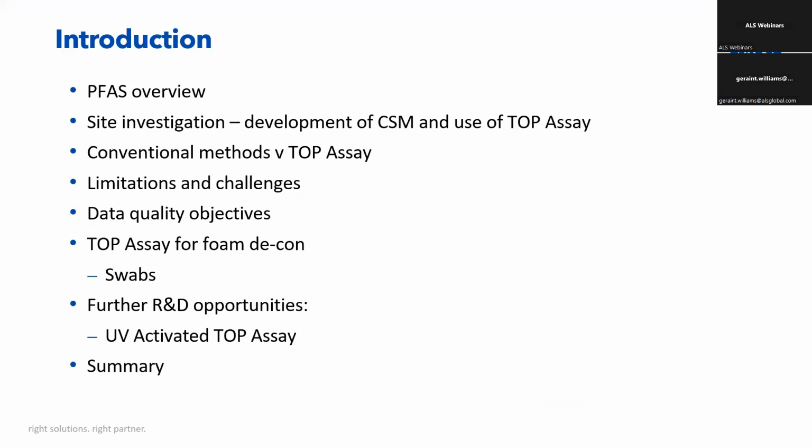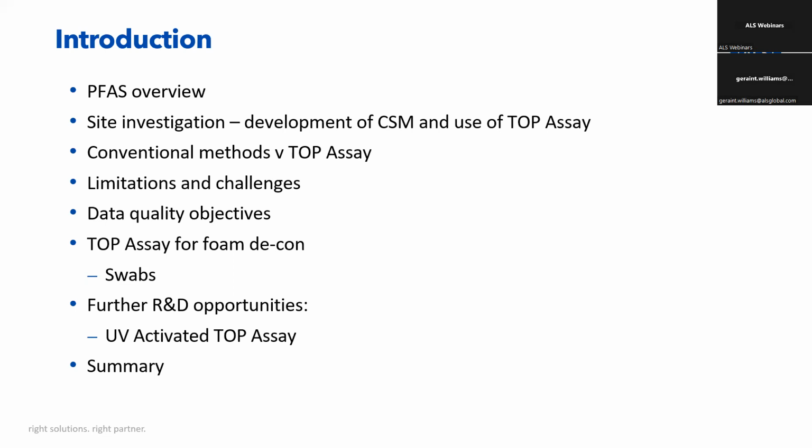So to start off with, we're talking today about TOP assay. That is quite a widely available analytical technique, and that's perhaps one of the main advantages, because there's a lot of capability and capacity for labs to carry out TOP assay analysis. It's a relatively simple method, as long as you're aware of some of the key limitations, and this is one of the main points of the presentation. There are many other complementary analytical techniques.